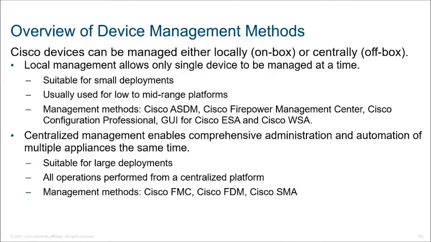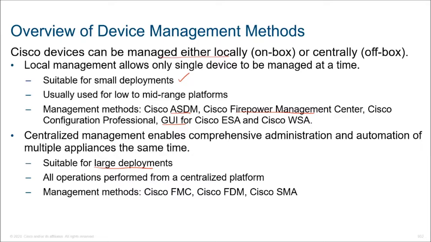Remember, on-box or managed locally, if we have the ability to. Sure, small deployments, it's easy. Anytime we're looking at ASDM or Firepower management, anytime we're using a GUI, always make sure that we're using HTTPS when possible. And centralized management is more suitable for those larger deployments.